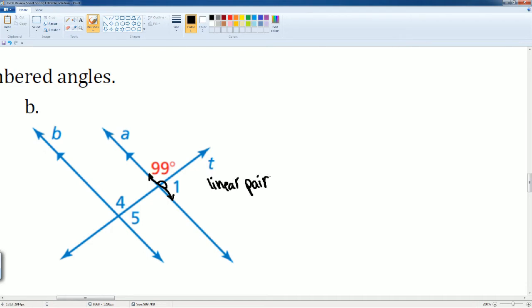The fact that it's a linear pair, we can do angle 1 plus 99 is equal to 180. We can subtract 99 from both sides to solve for angle 1. This cancels. We get angle 1 is equal to 180 minus 99, which is 81 degrees. So we can say that this is now 81 degrees.